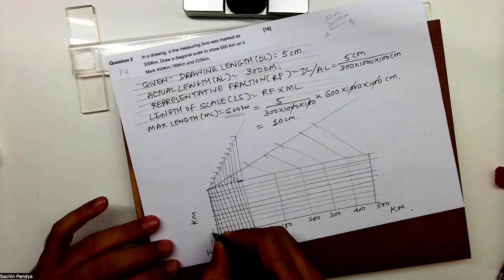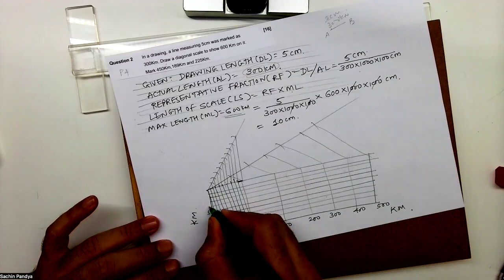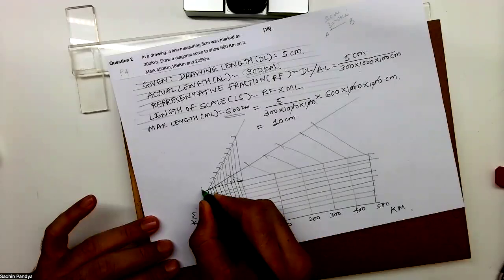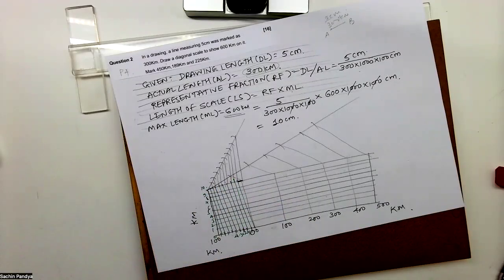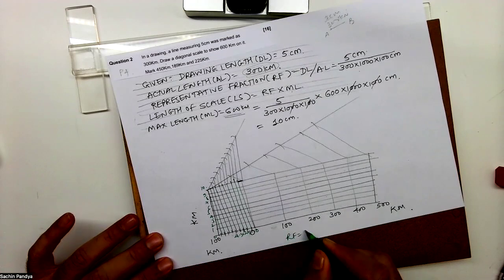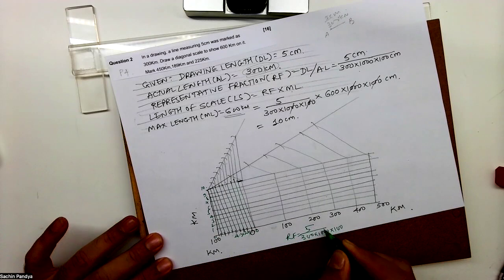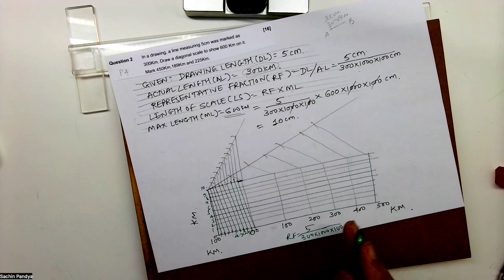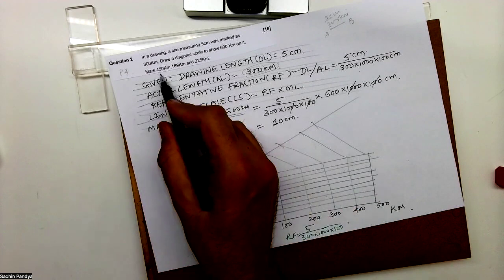So this is 0, 1, 2, 3, 4, 5, 6, 7, 8, 9, 10. This is how you will get. Got it? Here you can write RF. RF is how much? 5 upon 300 into 1000 into 100. Got it? So this is how you will draw the scale.